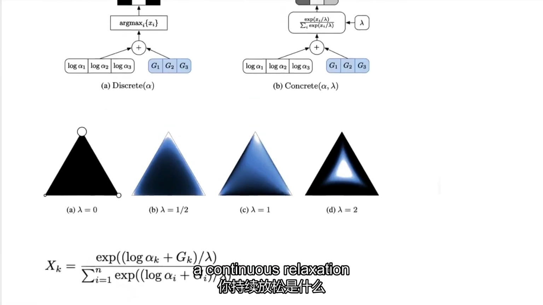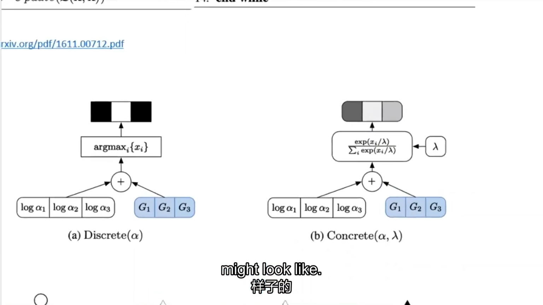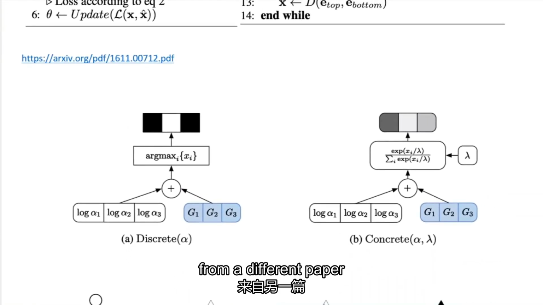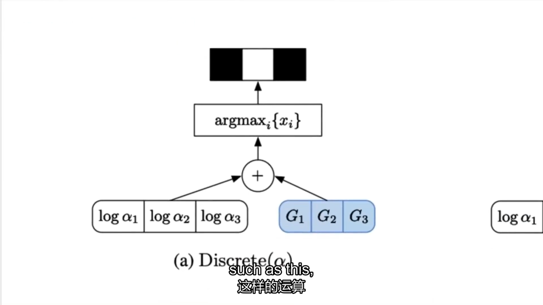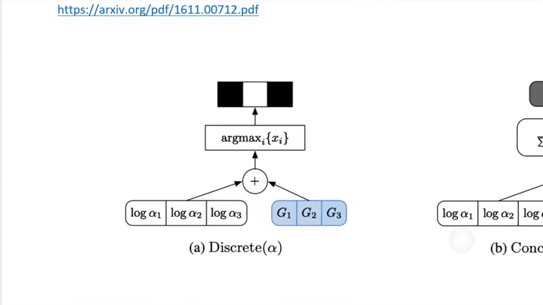I can tell you what a continuous relaxation might look like. This is from a different paper that they linked, on concrete random variables. If you have an operation like a discrete random variable, you need to take an argmax of it.